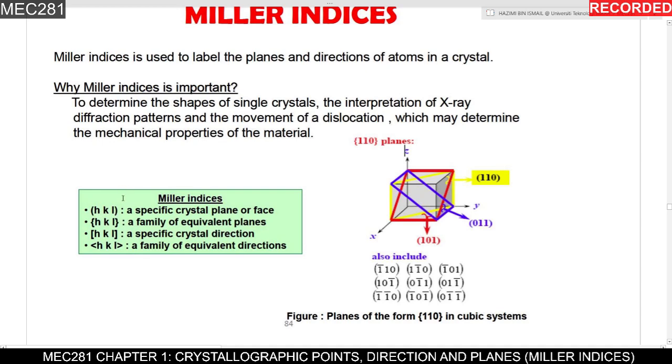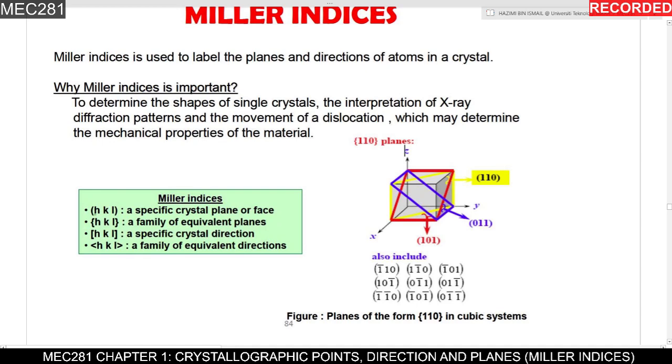In the Miller indices, they do not put the x, y, and z. They replace it with the symbols h, k, and l. So this is the plane that we are going to learn, and also this one, the specific crystal directions.